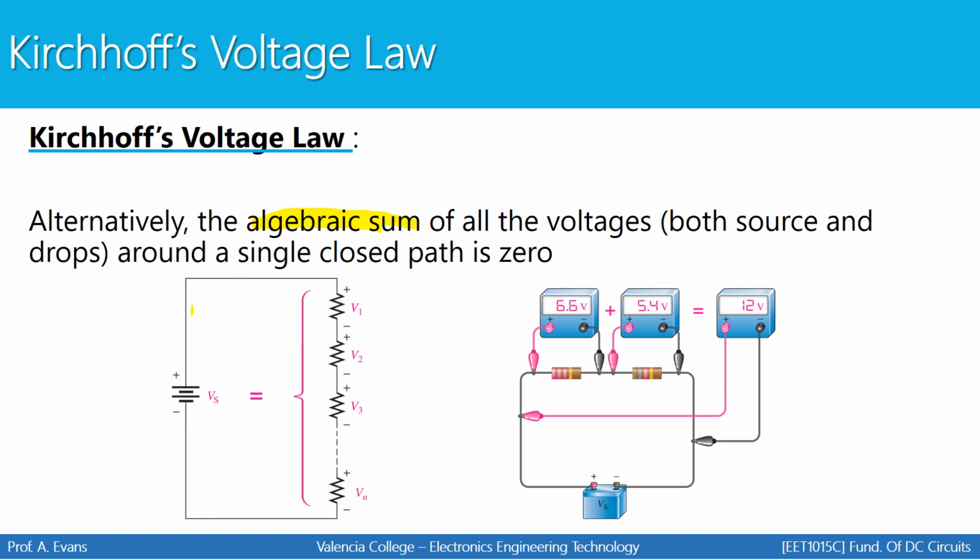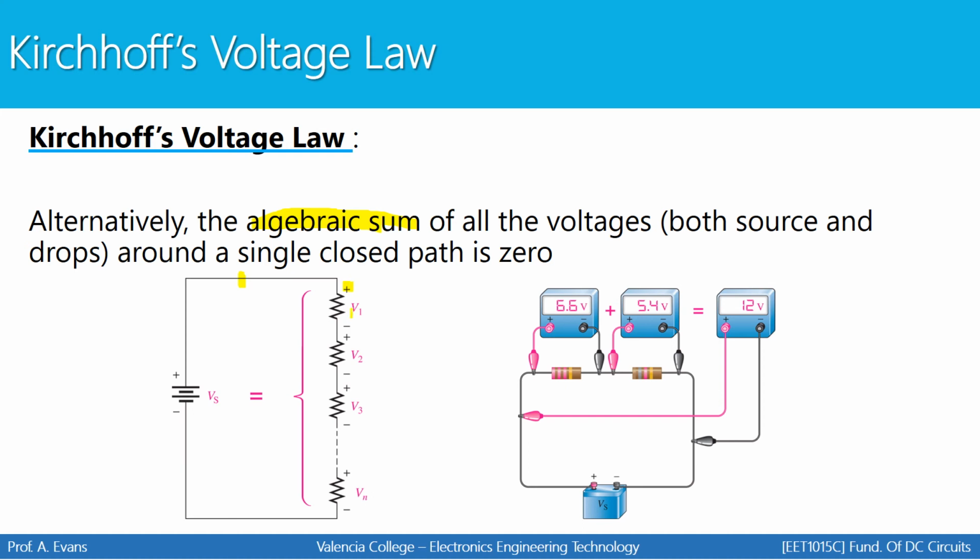So for example, if I were to look at the voltages around this path, I would pick a single point. This is my starting point, and I'm going to go around the loop. Whatever symbol for the polarity I hit first tells me whether that polarity is positive or negative. So for example, if I start here and go around the path, I hit a plus first.